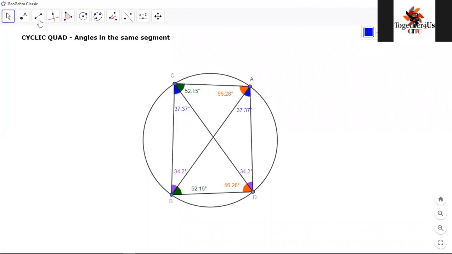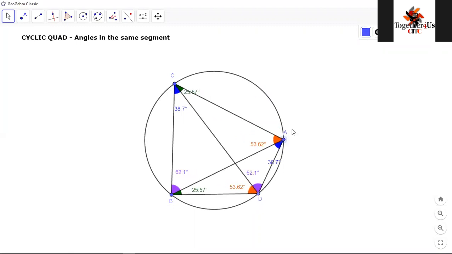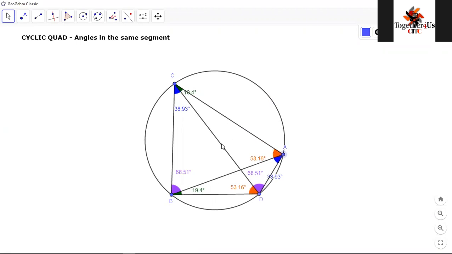So I've gone ahead to complete my drawing, and you can see I've colored the equal angles the same color so that you guys make sense of this, because I have now explained why they are equal. Now let's have some fun as usual and see how we still get angles in the same segment even when we adjust positions accordingly.